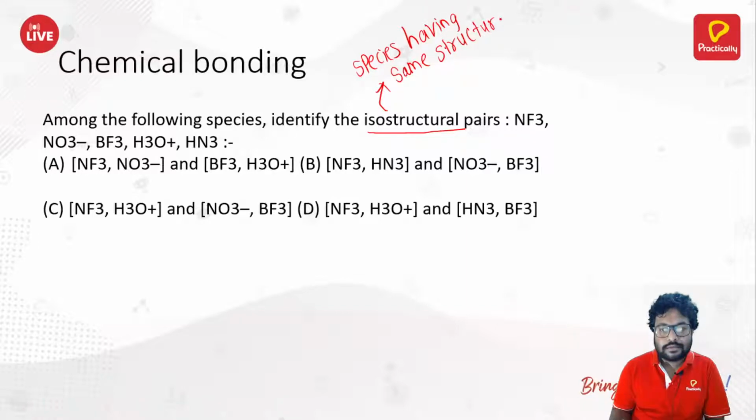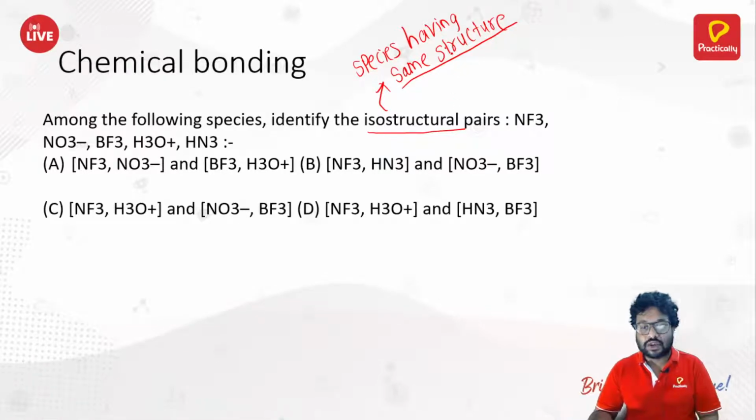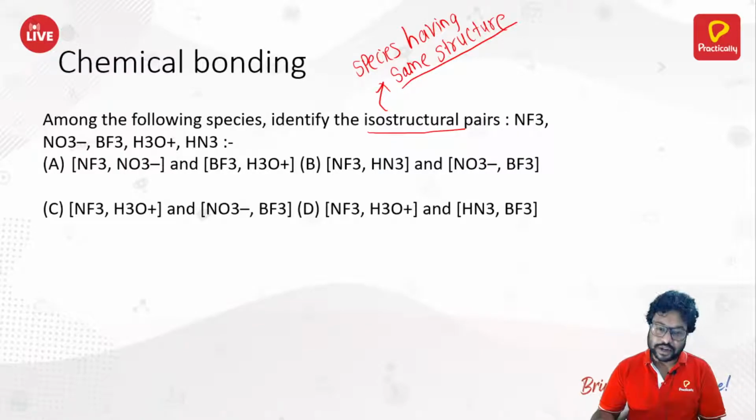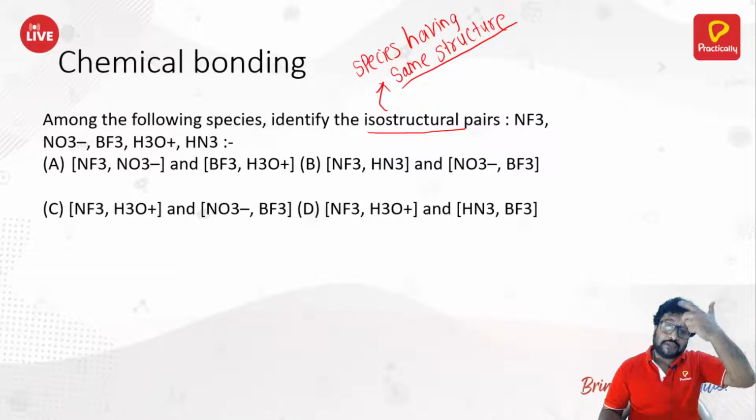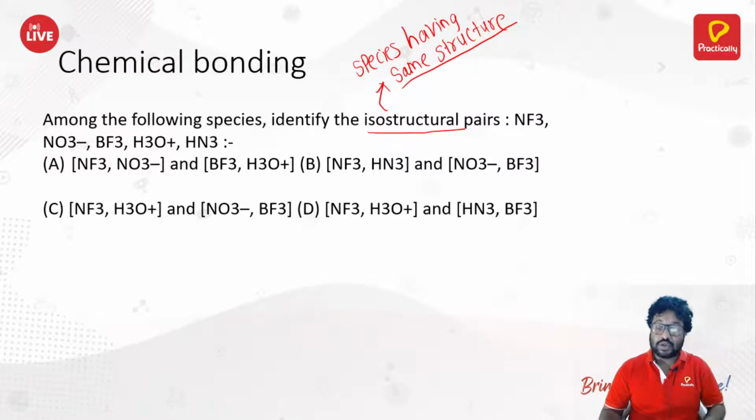Species having the same number of electrons are called isoelectronic. But you can see the name isostructural: iso means equivalent or same, structurally. So species having the same structures are called isostructural.